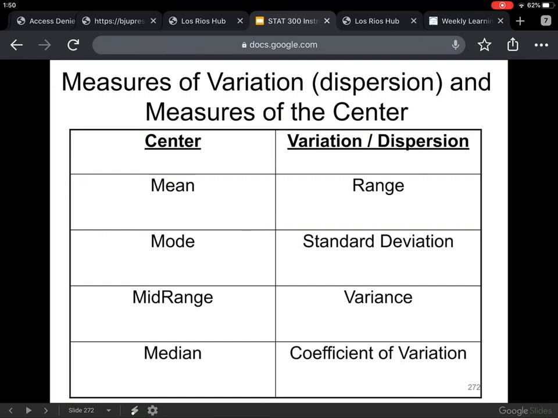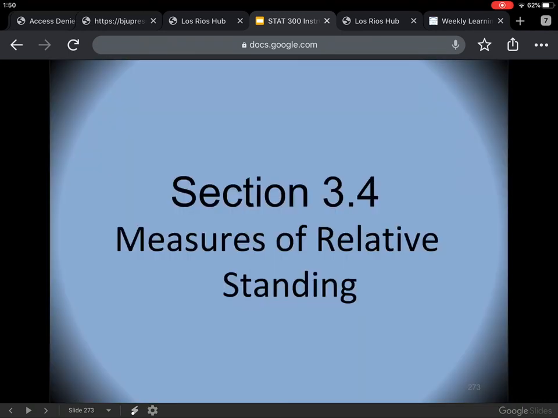Please note that some of these don't have formulas, they just have descriptions, like the mode is the most frequently occurring. But go ahead and take a moment, pause the video, and see if you can remember all of the measures of the center, measures of variation or dispersion as well, and write their formulas.